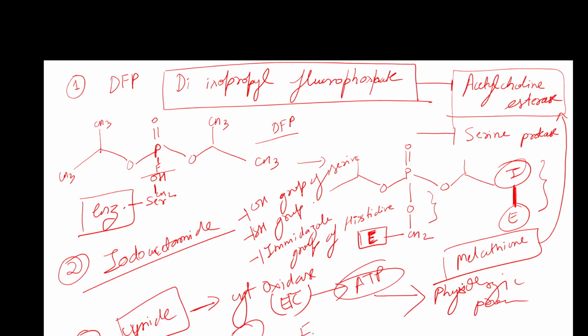Fourth is fluoride. Fluoride inhibits the enolase enzyme, and in that it removes the magnesium and manganese ions which are present in the active site or the catalytic site of this enzyme enolase.